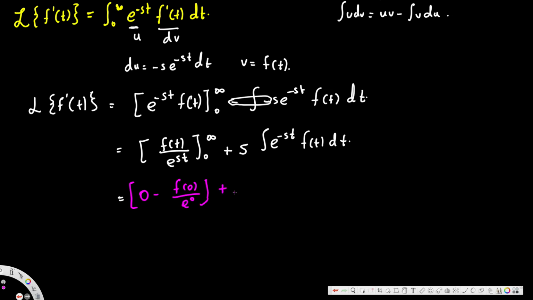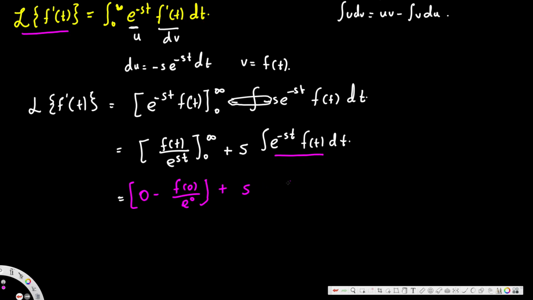Then plus s times the integral. Here you can see this one is the Laplace transform of f(t), because if it's f'(t) we will have this one, but if it's f(t) we will have e^(-st) f(t) dt, that's what we have right here.